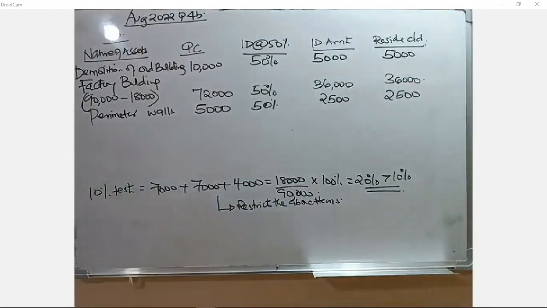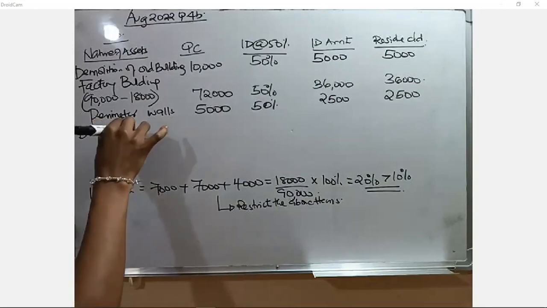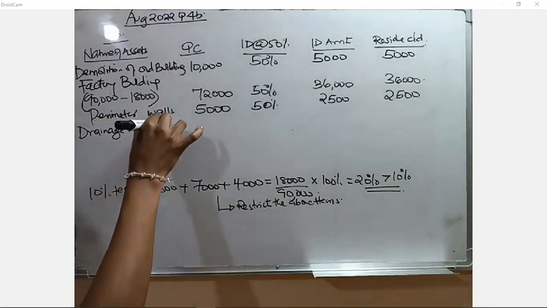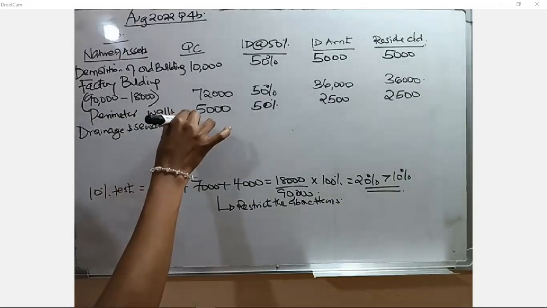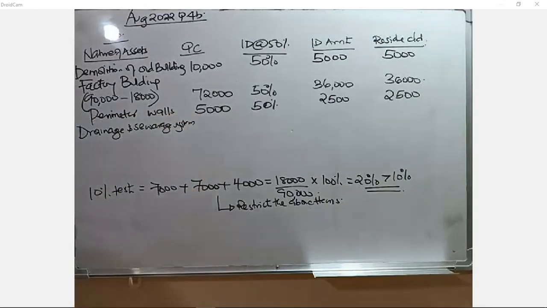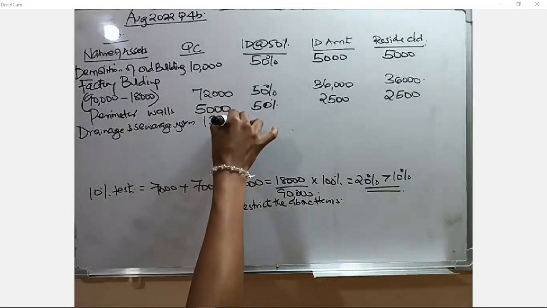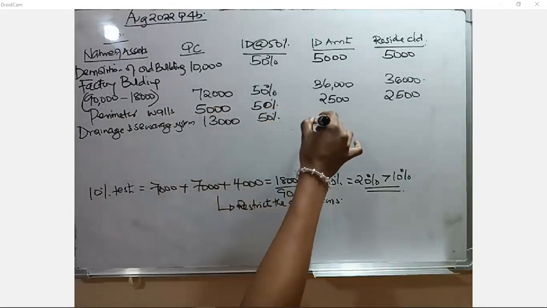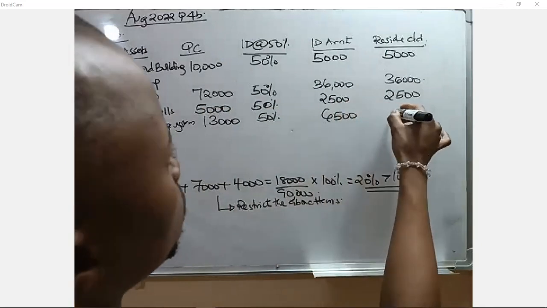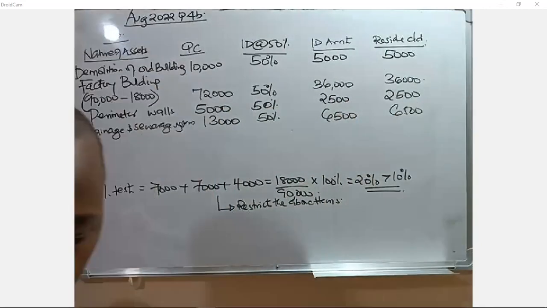The other one will be the drainage and sewerage system. We are being given 13,000. 50%, we are getting 6,500, and also here 6,500. Now, I look for any other thing that qualifies for investment deductions.